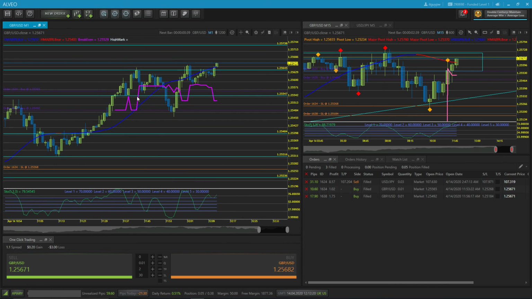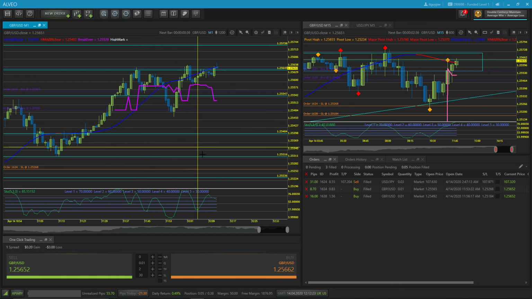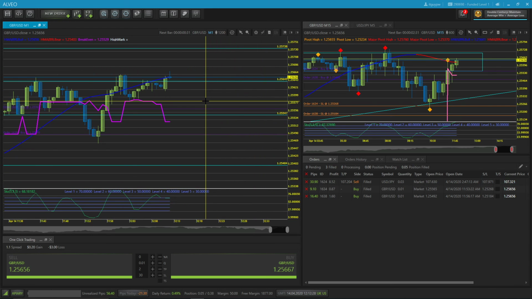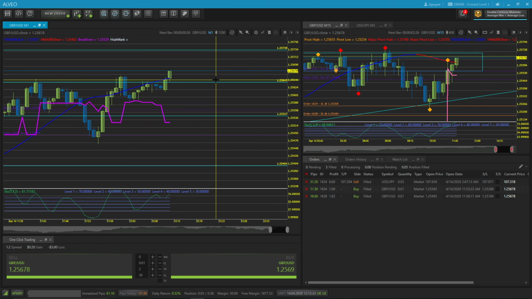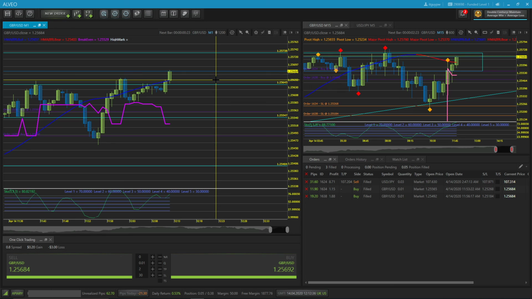So if it comes back down here, at least we'll get 10 pips or so, but otherwise we'll just let it run for the day, or I can put it at break even and do a trailing stop and let it pull it up.